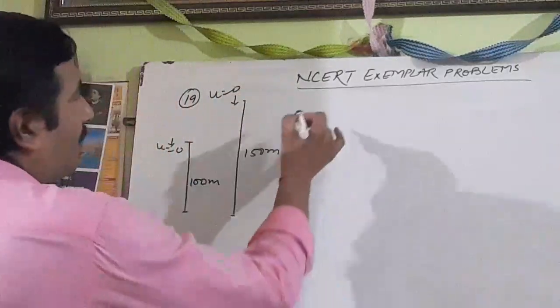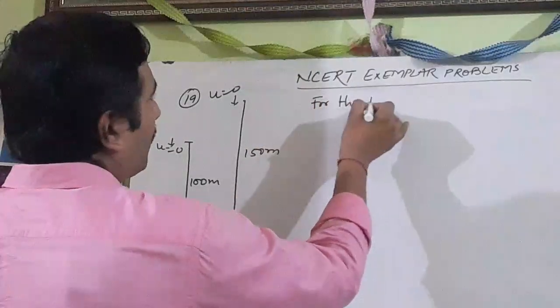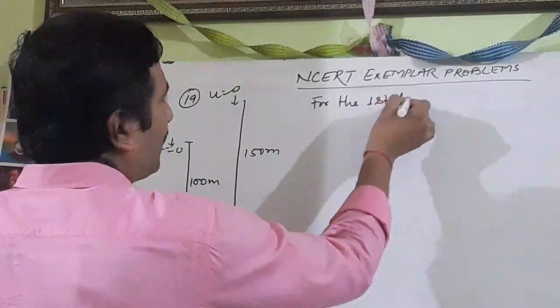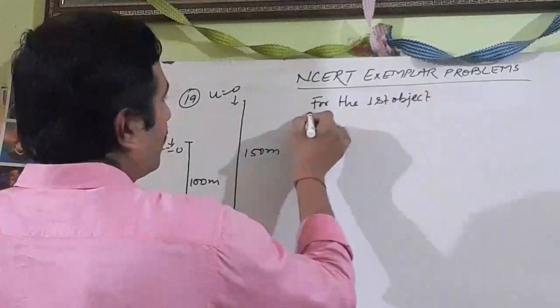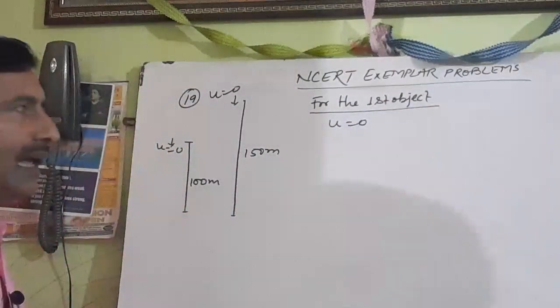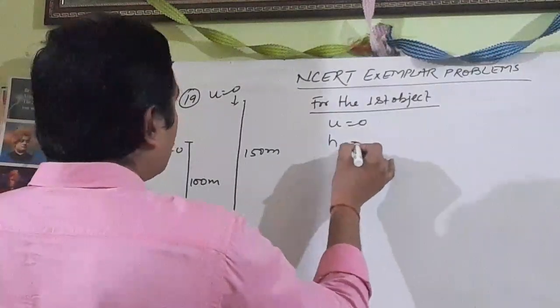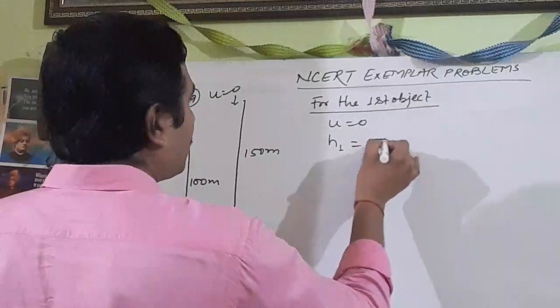So for the first object, you see u is equal to 0 and initial height h1 is equal to 150 meter.